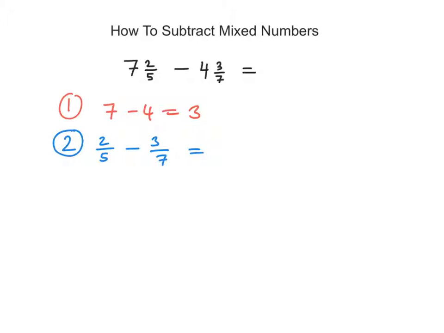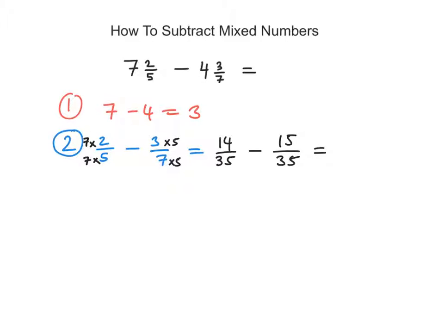So in order to make 5 into 35, I need to multiply this by 7. So I need to multiply the top as well by 7. And here to make the base 35, I need to multiply this by 5. And this simplifies to 14 over 35 minus 15 over 35.